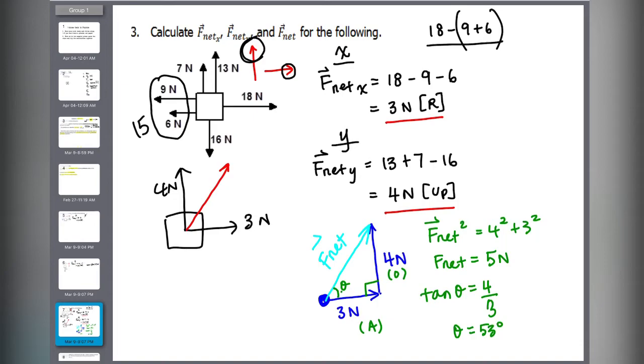It worked out to be 53 degrees. And you put your direction with your vector. It didn't really indicate northeast or southwest. Since we're using the right and the up, I'm going to say that this is going to be right 53 degrees going up.